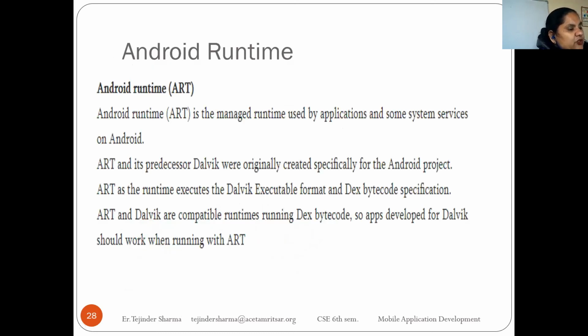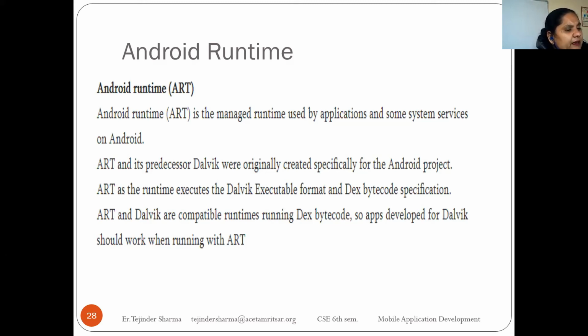Next, actually, what happened? It was before the KitKat version that the Dalvik virtual machine was used, and it was using just-in-time compilation. That means whenever we need to install the app on our phone, only at that particular time the compilation and installation process takes place, and it took a lot of time, but it was called the just-in-time compiler.